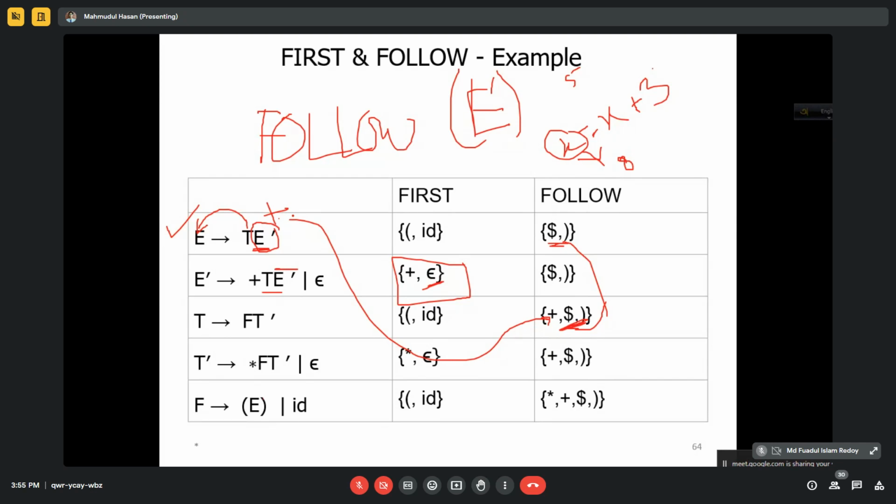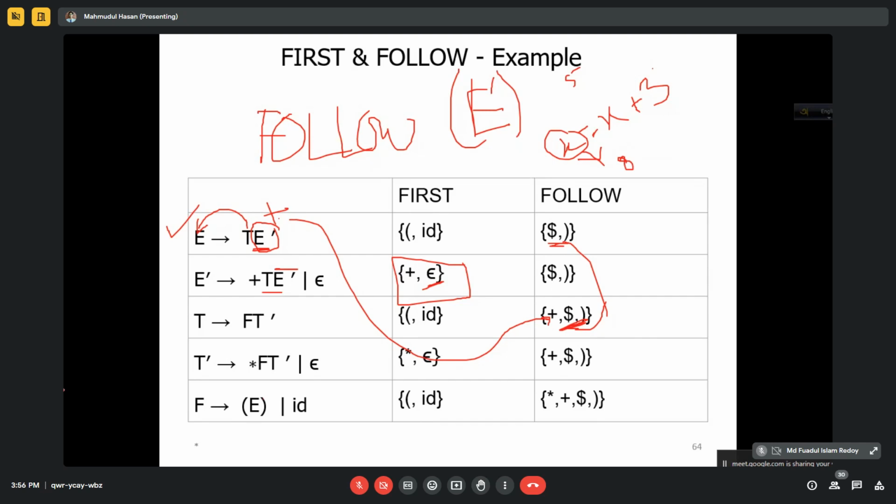If that one is non-terminal, that time you need to take help of the first value of that non-terminal. If there is nothing, that means you need to go back to the left hand side, and the follow of that non-terminal is equal to the follow of the left hand side non-terminal. And for the start symbol there is a default follow value, that is a dollar. Got it, everyone?